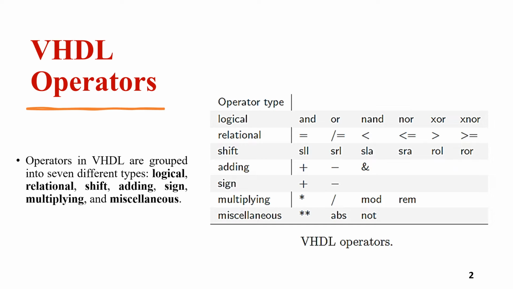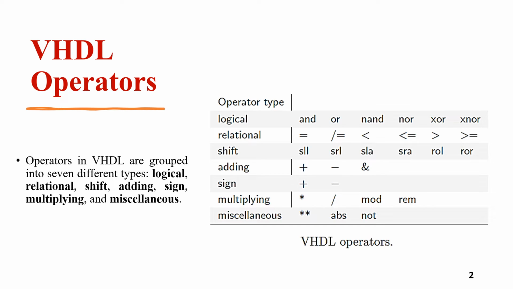The first column shows the kind of operator. For example, in logical operators, there are AND, OR, NAND, NOR, XOR, XNOR gate operators. Relational operators include equal, not equal, lower than, lower or equal, greater than, and greater or equal.